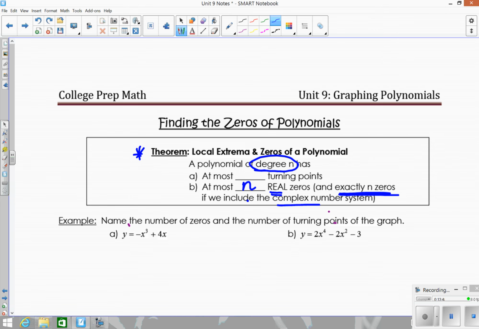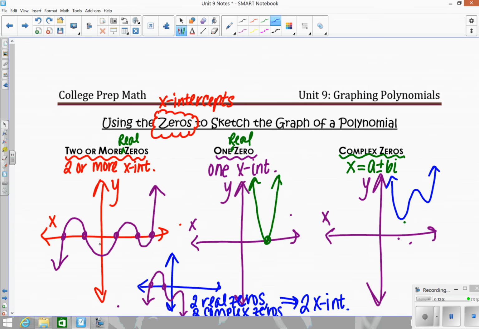And then the turning points, the number of turning points would always be 1 less than the degree. So for example, if I had, let's say this one would have to be a degree 4, there's 3 turning points. This one, let's say, is a degree 5, because there were 5 zeros, then I had 4 turning points.